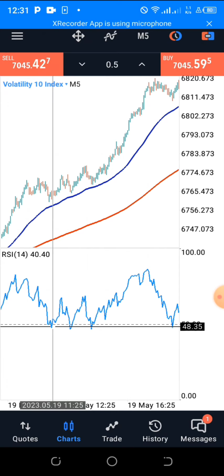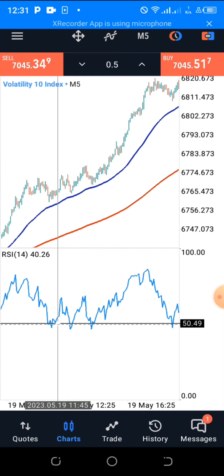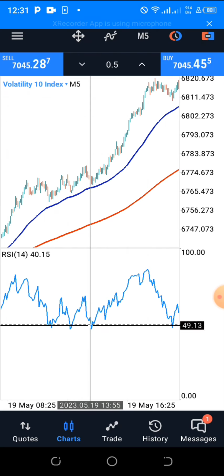Then there was a period when the price was crossing above the what? The 50 level. So the second condition is that once the price is above the 200 exponential moving average, indicating an uptrend, we also want to wait for the RSI to cross level 50. It has to cross above, like what happened during this period.